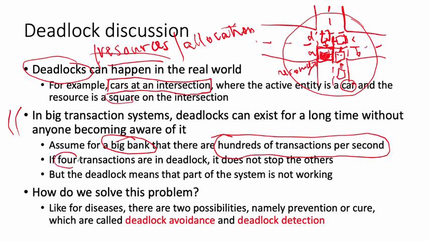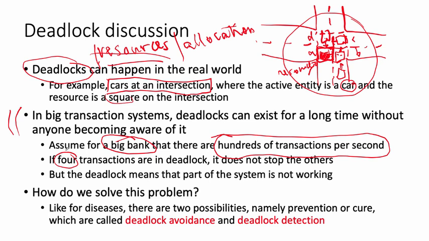Assume that there are 4 transactions in a deadlock, 4 in a circle, and they stop. Liveness problem. But it does not stop the other ones. So there are hundreds of transactions going on, and 4 of them are in a deadlock. Maybe we don't even detect it. Maybe we're not even seeing it. Part of the system is dead, is stopped, but the rest is running fine.